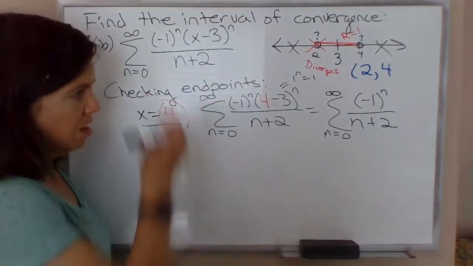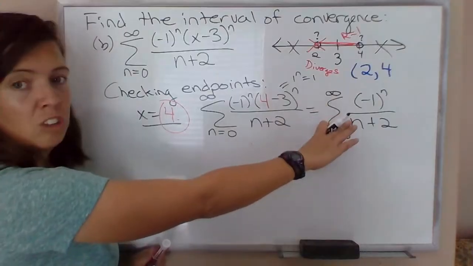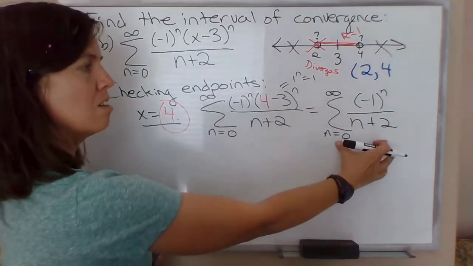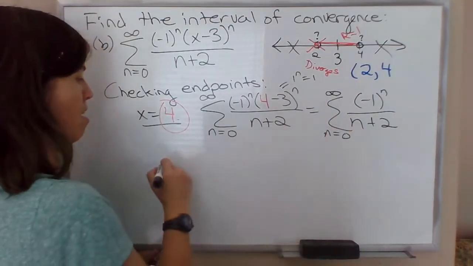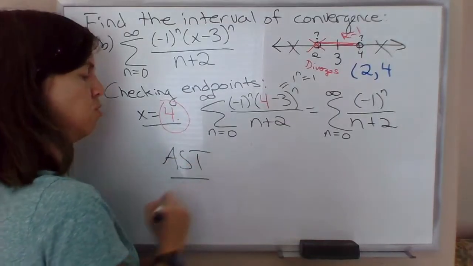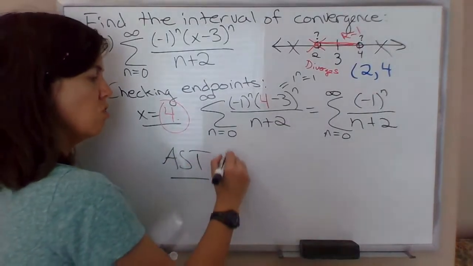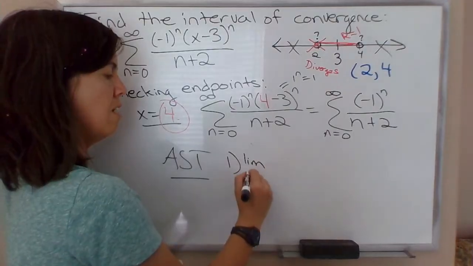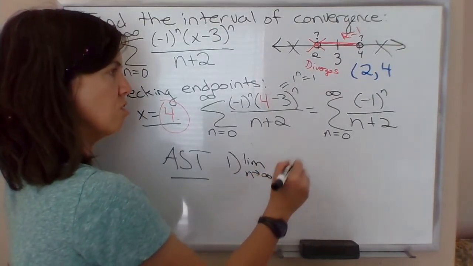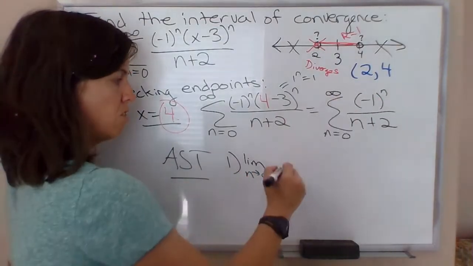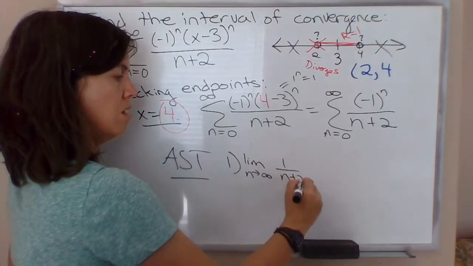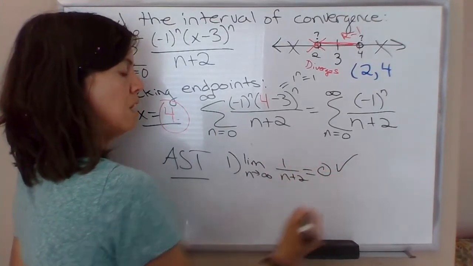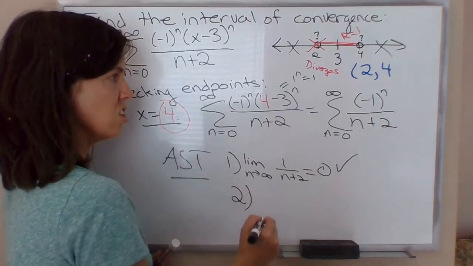Okay, so you take a step back, you decide, how would I like to test a series that looks like this? I would say your best bet is the alternating series test. So you check those two conditions. Is the limit as n approaches infinity of the non-alternating piece, so we get to just call this 1 over n plus 2, is that 0? That's 0, which is what we need to see, so we move on to the second condition.